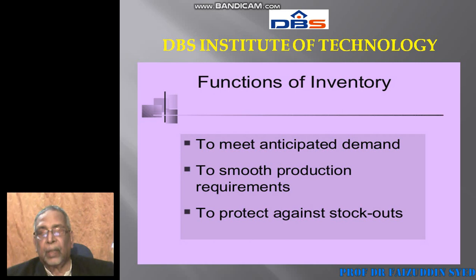You are going to get money again after selling these products. But just purchasing the material and keeping it in the stores, you are going to lose money. You are keeping the money inside your stores. You will have to pay a lot of interest for that money. So we never call it inventory.